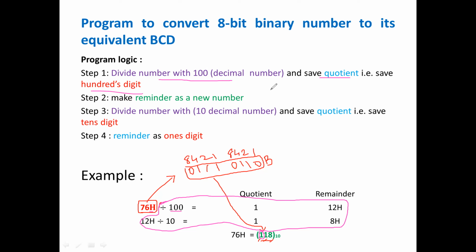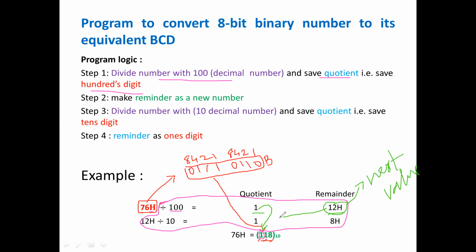Next, after you get the quotient and remainder, the quotient is going to be the hundreds digit and the remainder is going to be the next value for dividing, that is the new value.